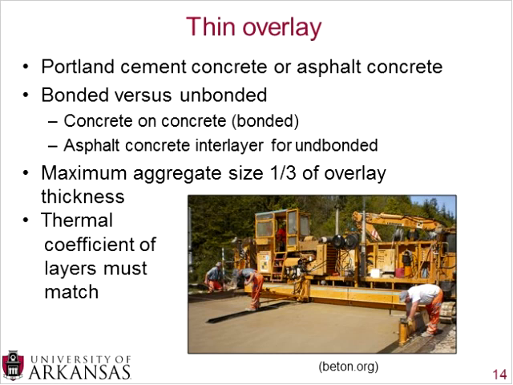You don't want aggregates dominating your thickness of the overlay. So if you have a particularly large aggregate, you want to make sure that you can stack at least 3 of those on top of each other, and then you get the full benefits of the mixture design that you performed. And also very critical is the thermal coefficients of the layers must match.